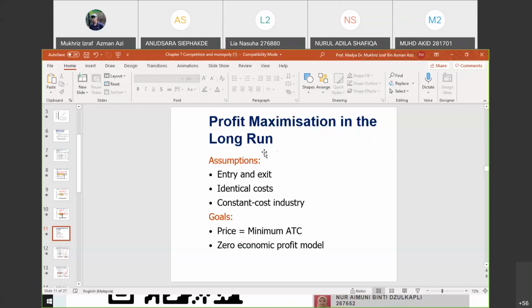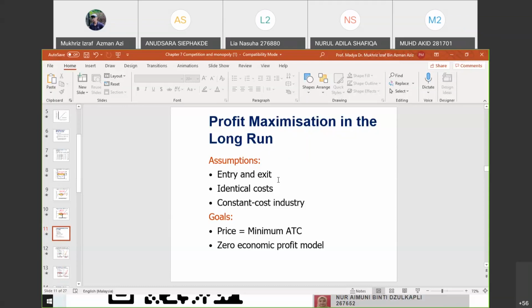In a market where the firm, the seller, operates in perfect competition, meaning there are many sellers selling similar products, in the long run we assume that only the sellers that can survive remain.